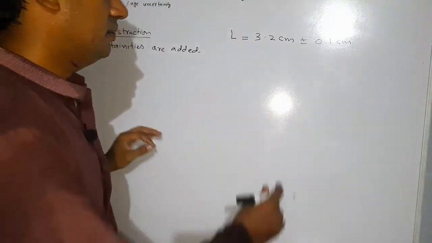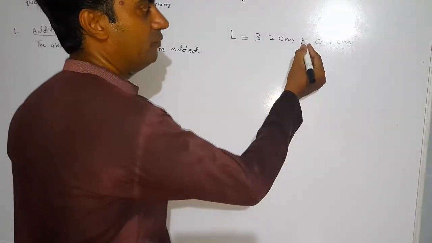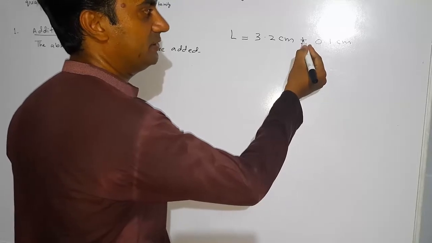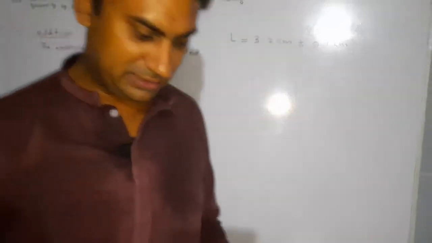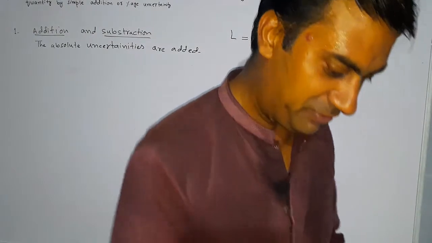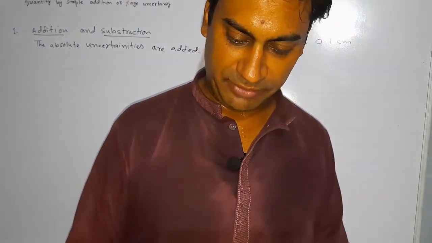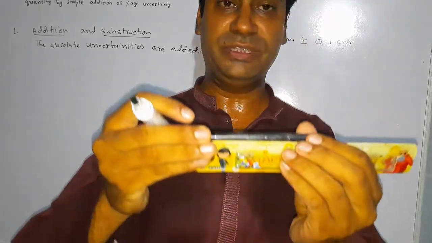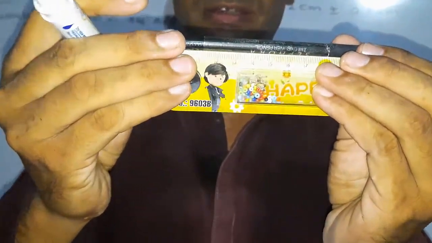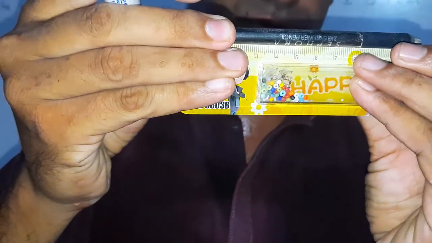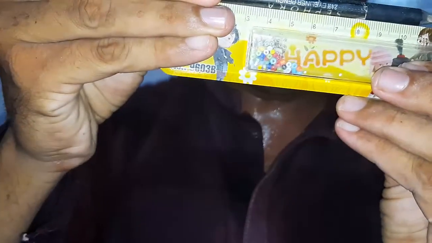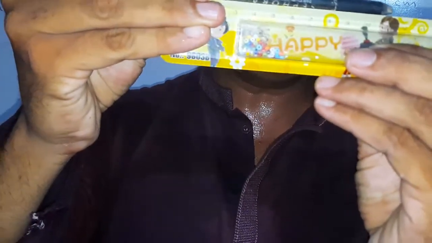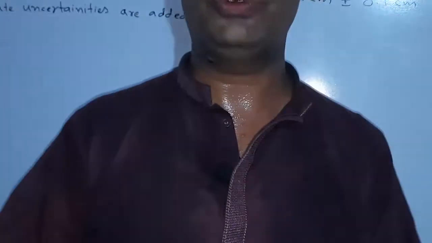Okay. Now, why are we writing this plus and minus? Just like in the previous question, I asked you the length of this pencil, which is almost 11.3 or 11.4. So this actually lies between 11.3 and 11.4.